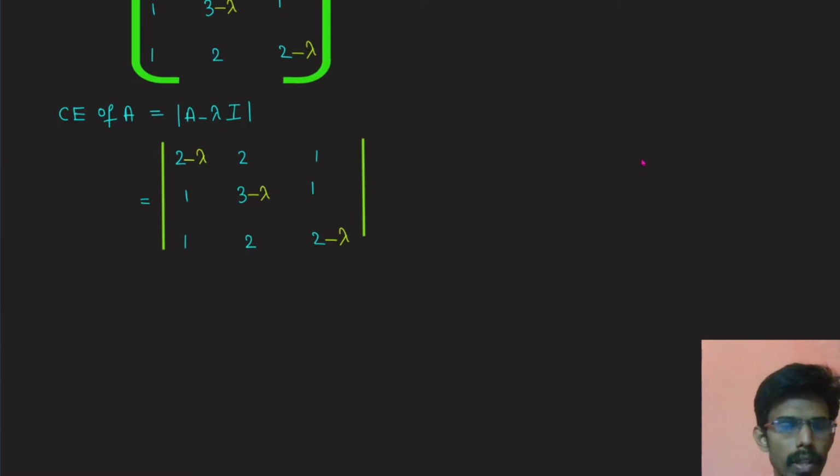So this will be the mod of this matrix. Here for the first row I'll take plus, minus, plus.